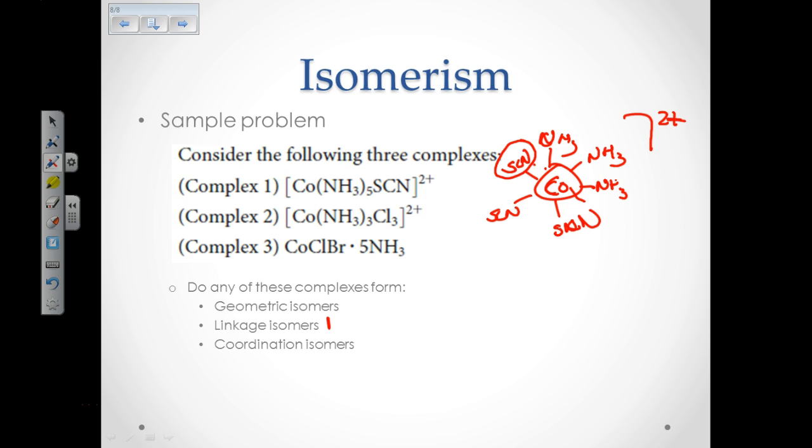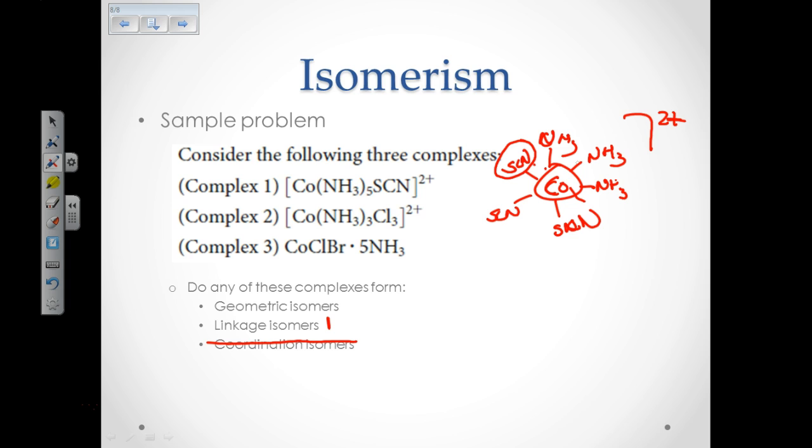So we're not going to talk about cis and trans because there's not 4 things attached to it. As we look around, you'll see that this has 6 things, this has 6 things, and this has 6 things. So none of these can be coordination isomers.